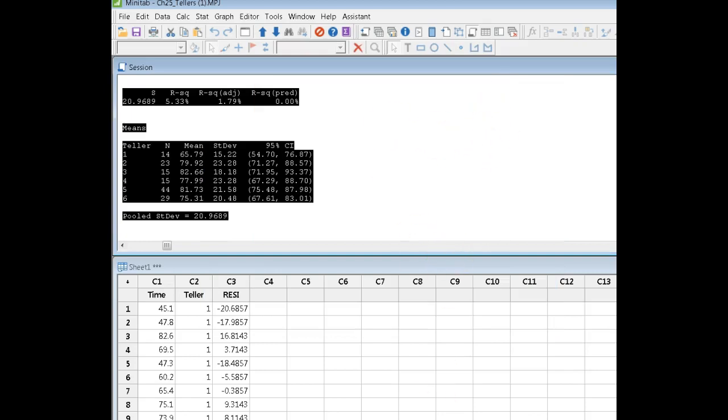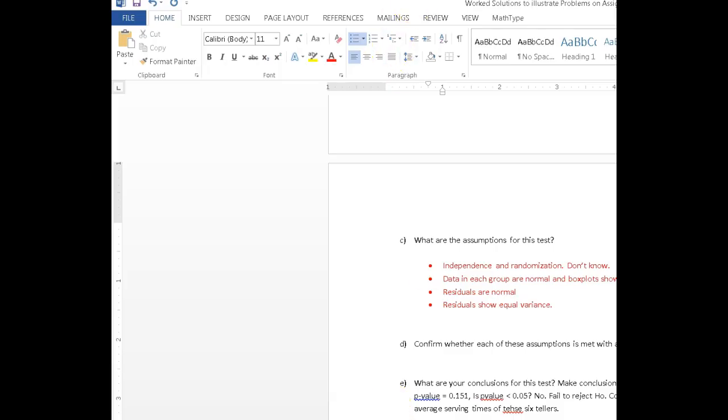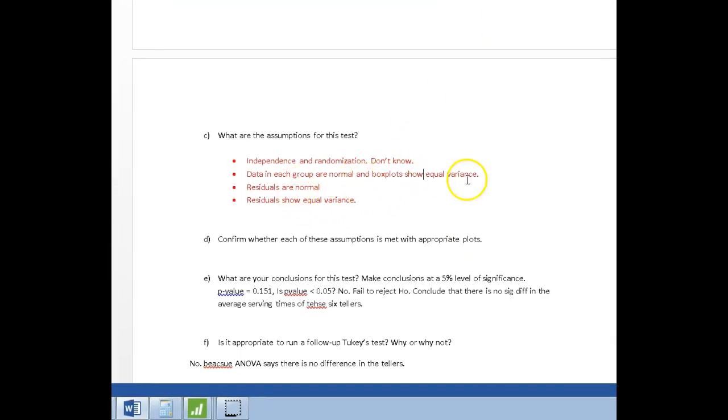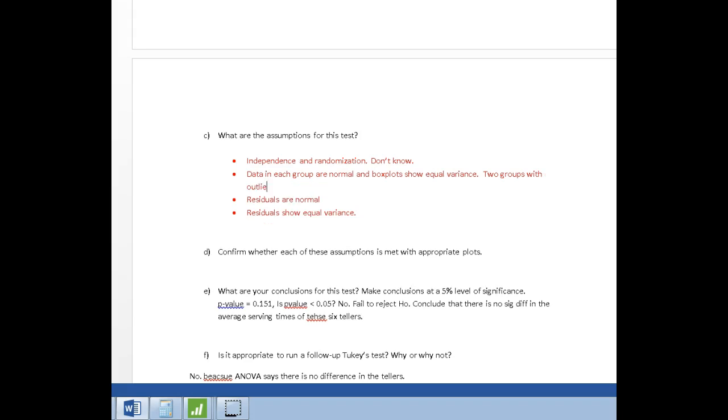So, coming back in here to my Word file. Box plot. Okay, so first of all, I have 2 groups with outliers. That's a problem.